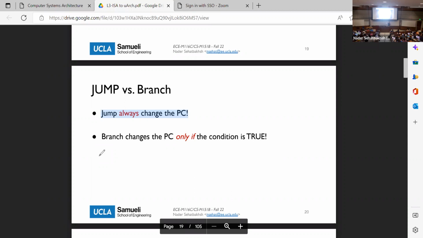So you want to change your PC to point to the beginning of that function, okay? Versus your branch instructions, which you use with conditions. So if-then-elses, for loops, while loops, and all those things use some form of branch, because you don't know whether you want to jump or not. If the condition is true, you want to jump. If the condition is not true, you don't want to jump. So that's the big difference between these two, okay?